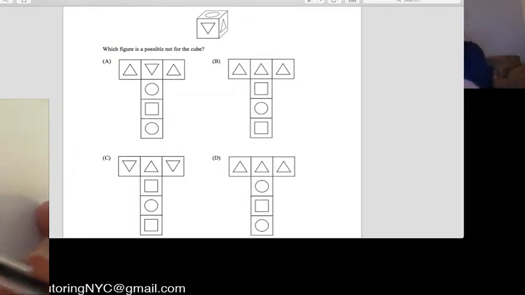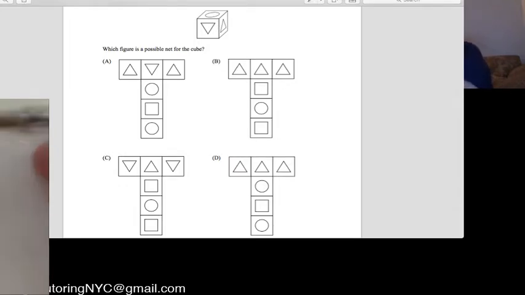Okay? So you can see in A, that this is this way, this is this way, and this is this way. All right? So if this is this, that means the one next to it has got to be that.